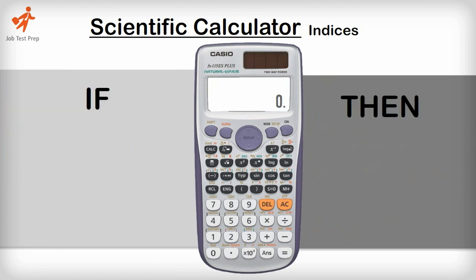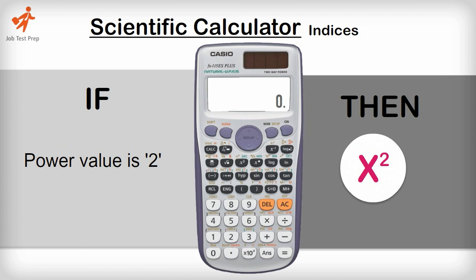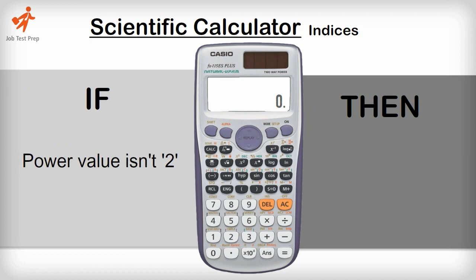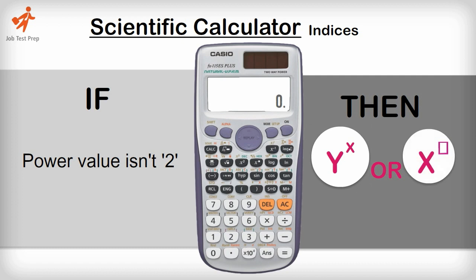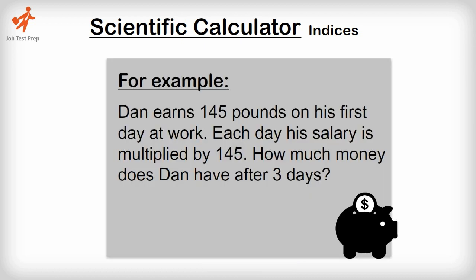Indices. First, press the base value. Then, if the power value is 2, press the x square button. If the power value is other than 2, press the y to the power of x button, or x with an empty box in the top right corner button, according to your calculator, and then the power value. For example, Dan earns £145 on his first day at work.